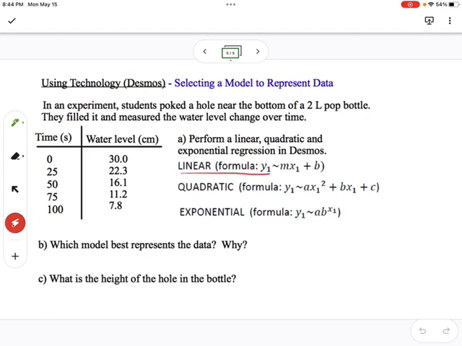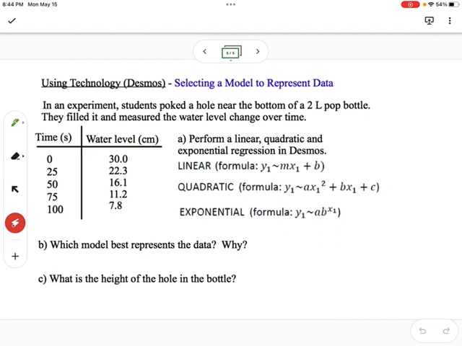So for linear, we have our y1 is approximately equal to the mx1 plus b. Quadratic, we have the formula there, and exponential, we have another one. So we're going to be putting all of these in and seeing which one fits the data best.